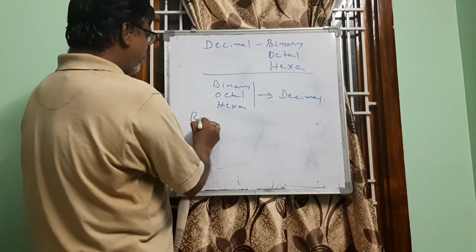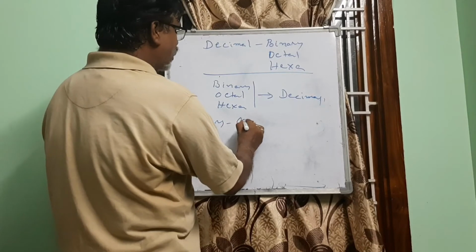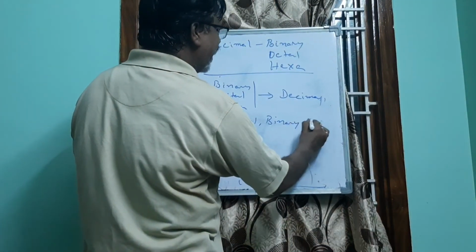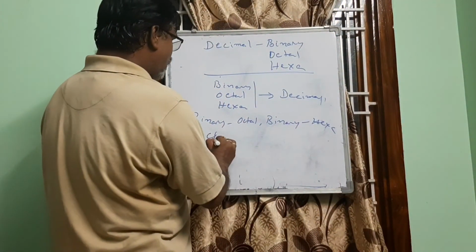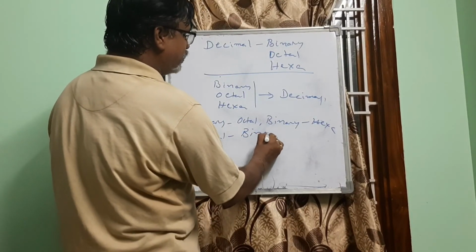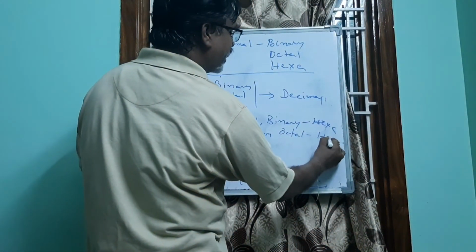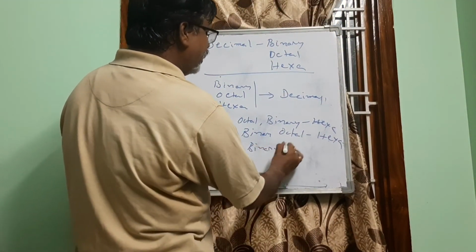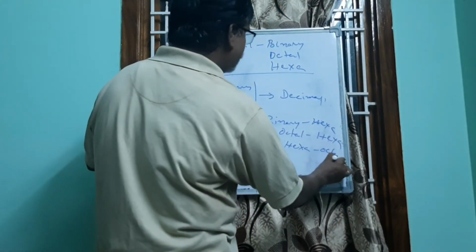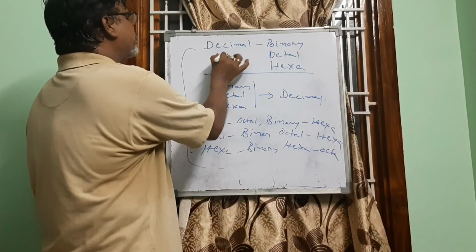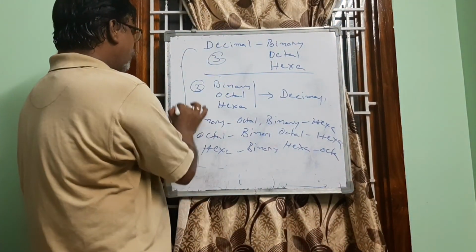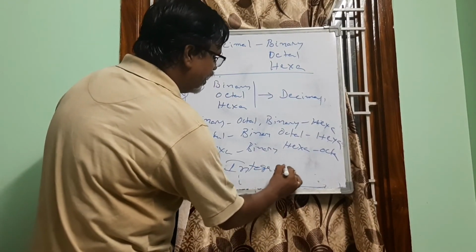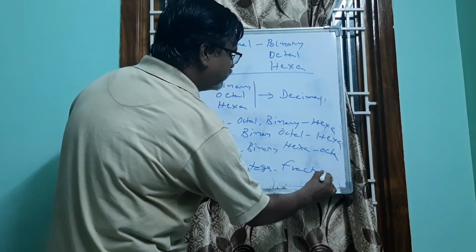Then binary to octal, binary to hexa, next octal to binary, octal to hexa, next hexa to binary, and hexa to octal. So these are the different types of conversions: here 3 types, here 3, here 6, total 12 conversions, containing both the integer part and the fractional part, which we have discussed.